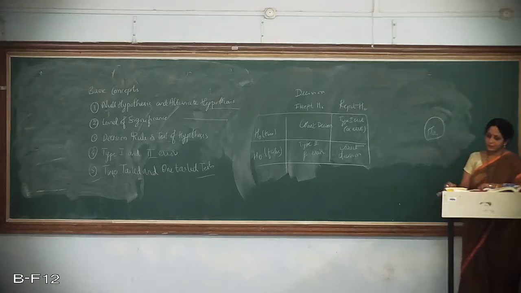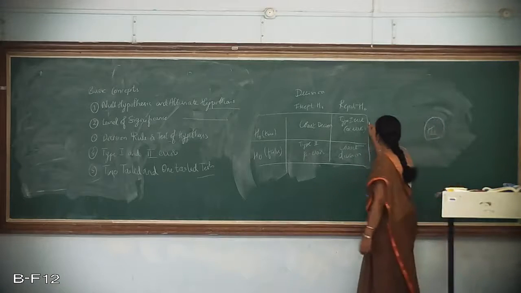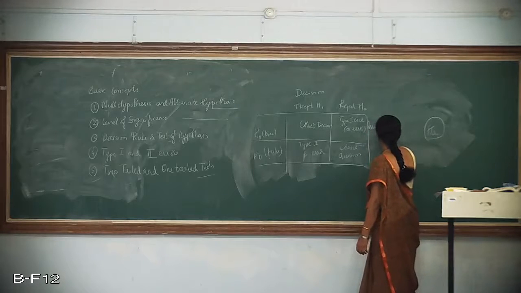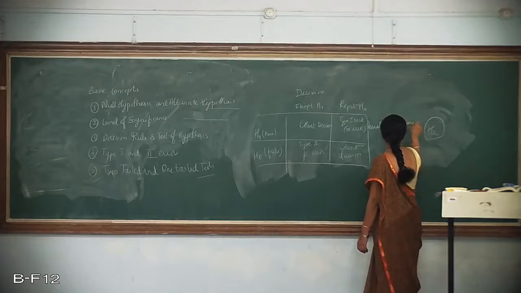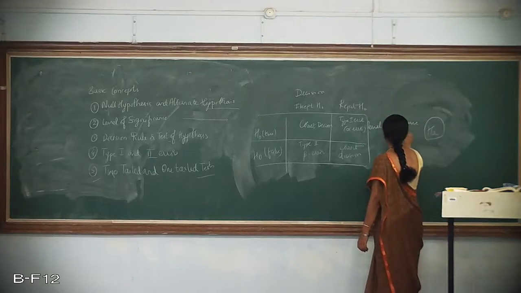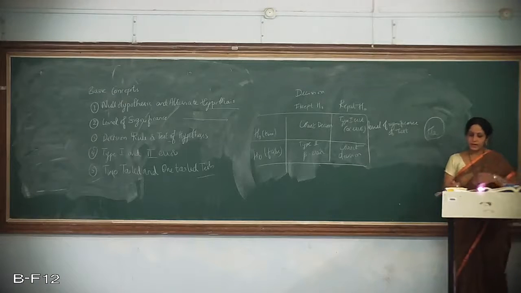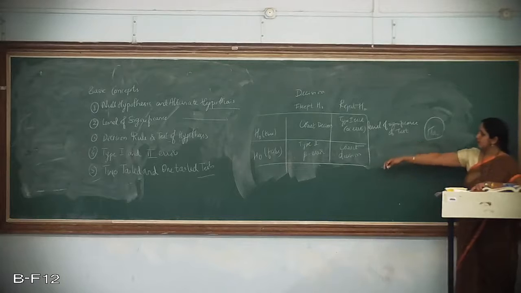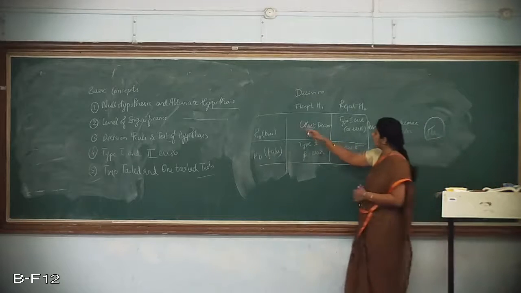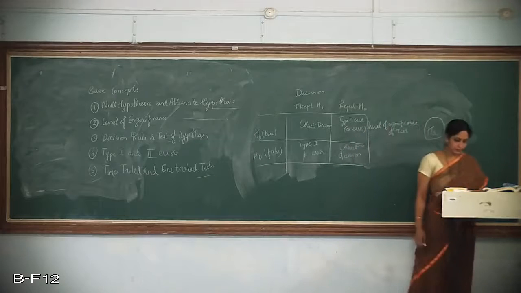Type 1 error is usually denoted by alpha, and it is also called the level of significance of the test. Clear? Then type 2 error is denoted by beta, and it is when we accept the null hypothesis when the null hypothesis is false.